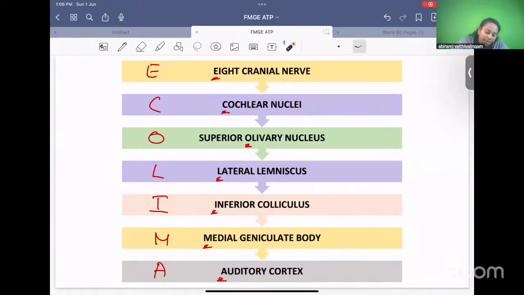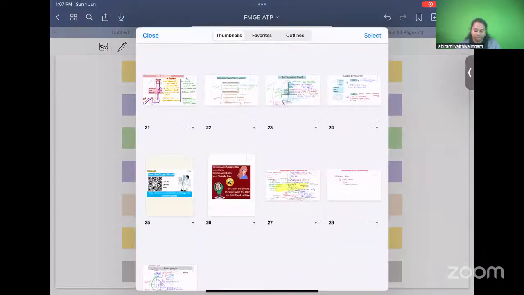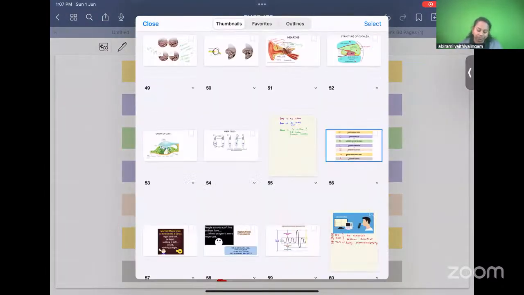E for 8th cranial nerve, C for cochlear nucleus, O for superior olivary nucleus, L for lateral lemniscus, I for inferior colliculus, M for medial geniculate body, and A for auditory cortex. This is very important, a repeatedly asked question. The mnemonic is ECOLOMA.